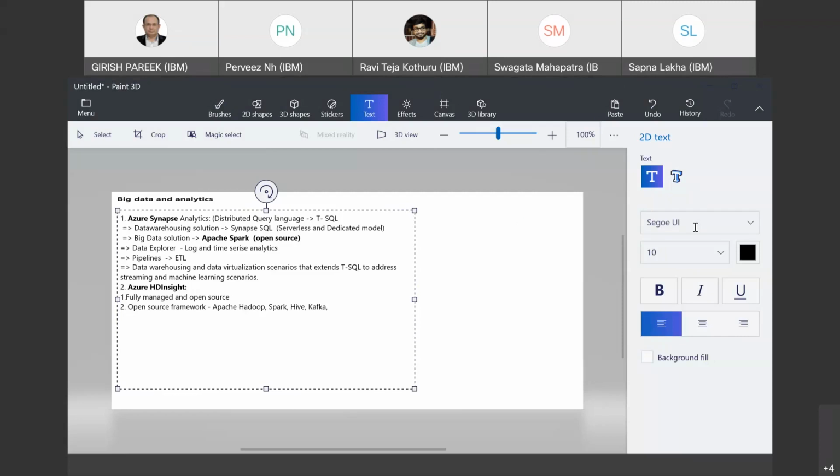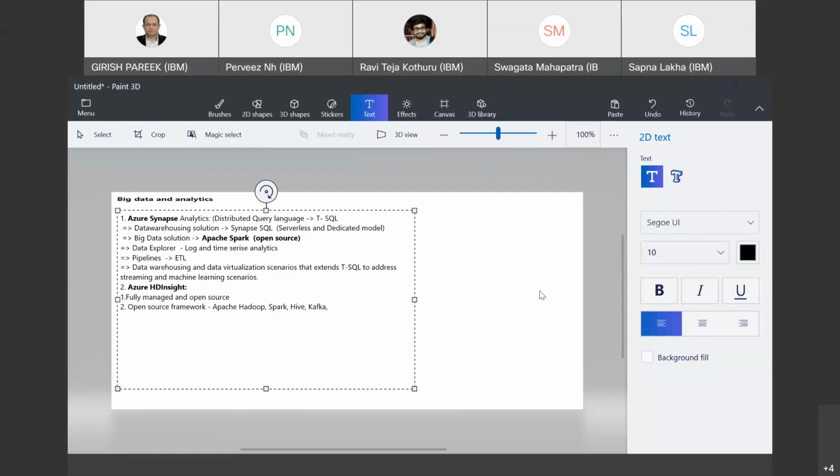And it supports them using Azure HDInsight, which is a customizable, enterprise-grade service for open source analytics. So from different types of open source analytics, it supports enterprise-grade customizable services.